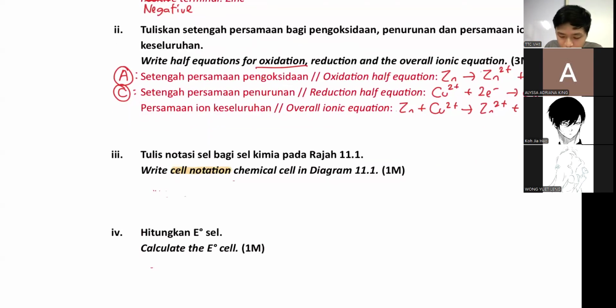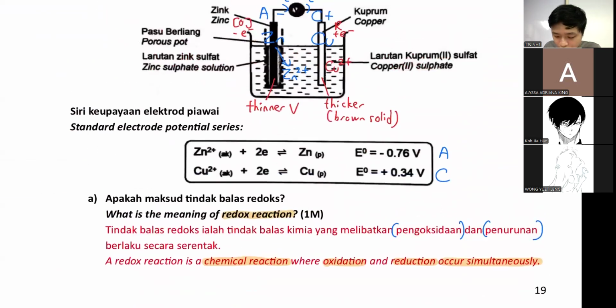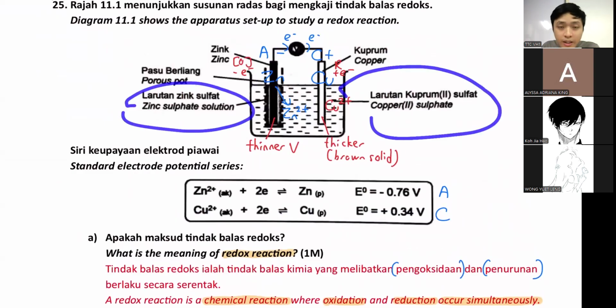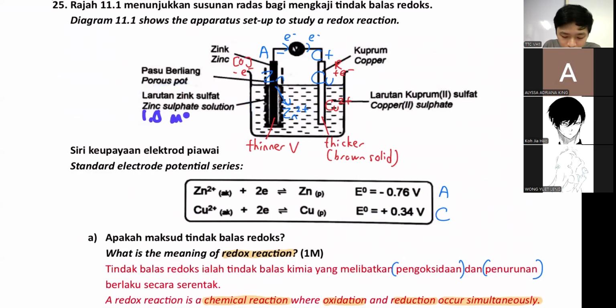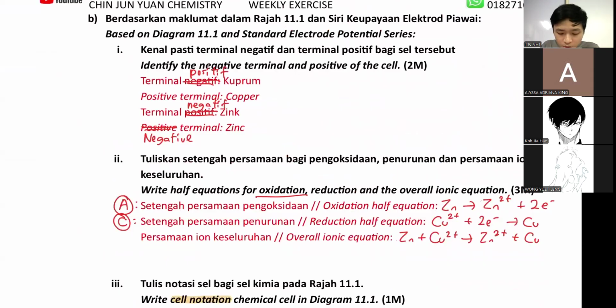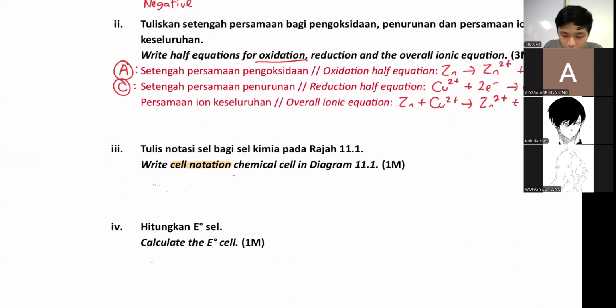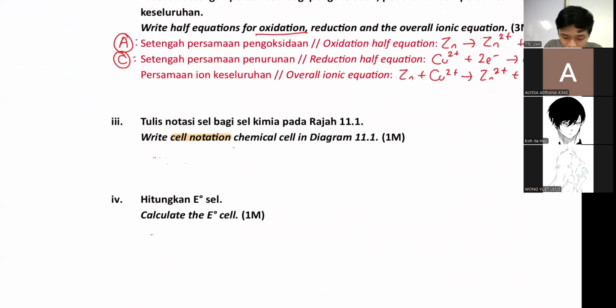Cell notation to write. Okay, look carefully at what they give. Here they didn't give any concentration. If they give, let's say, 1.0 mol per dm cube, then you have to include it in the cell notation. But since they didn't, you just write the physical state. So I write: Zn solid. You write the anode part first, then the cathode part.